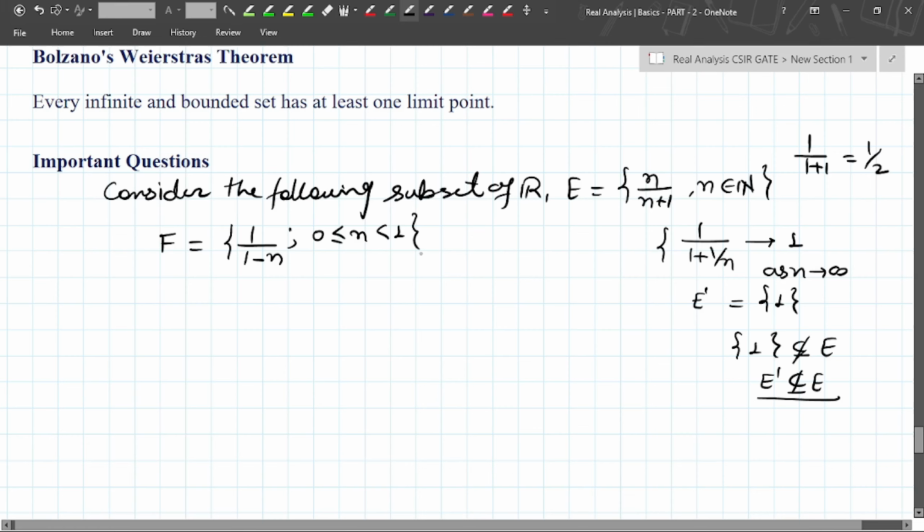In this case, 1 minus n plus n, it is 1 plus n upon 1 minus n. Again the derived set of F will be 1. The same thing will be here.